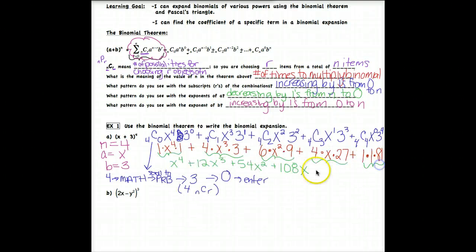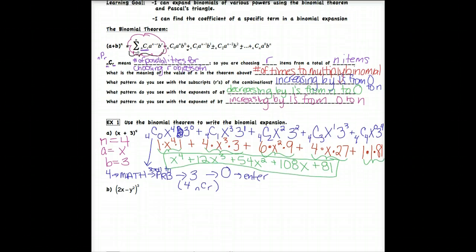And then 1 times 81 is just 81. So then this is your final answer. And again, you could check that since this is a relatively small number. You can FOIL x plus 3 times x plus 3 and then take that result and FOIL it with itself.